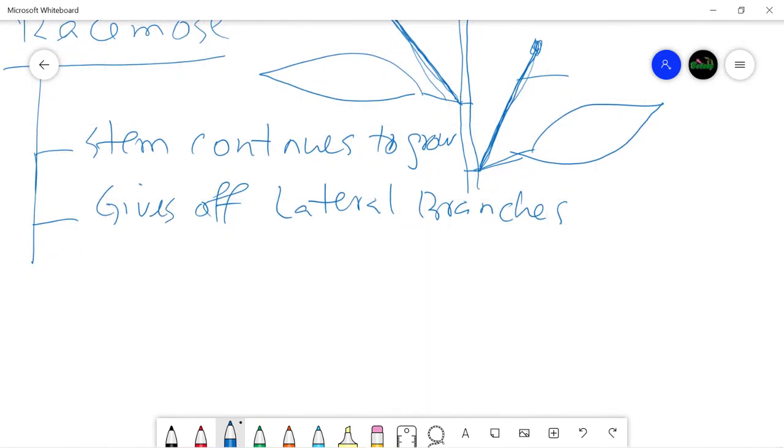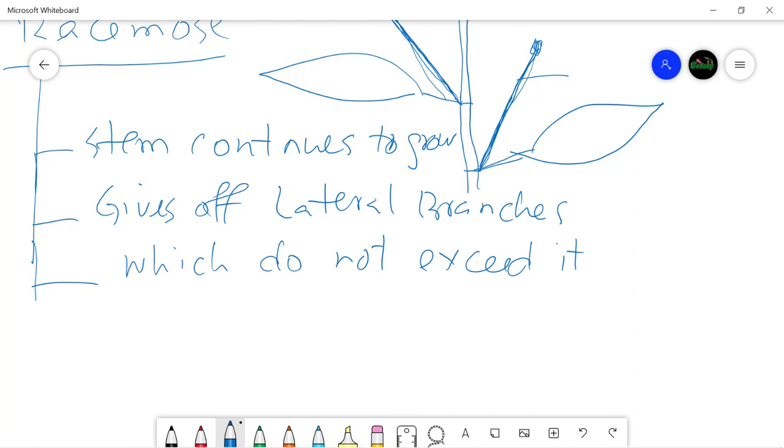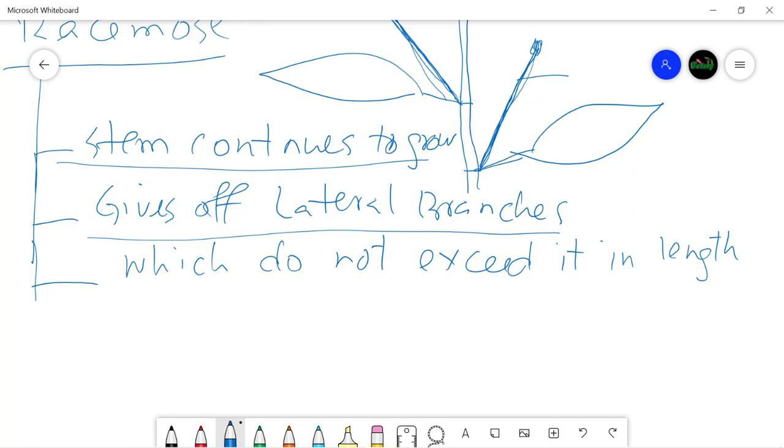So it gives off lateral branches, and those lateral branches do not exceed the main stem in size or in length. So this is a very simple definition of racemose branching: the stem continues to grow and gives off lateral branches in the axils of the leaves, and those branches do not exceed the main stem in size.